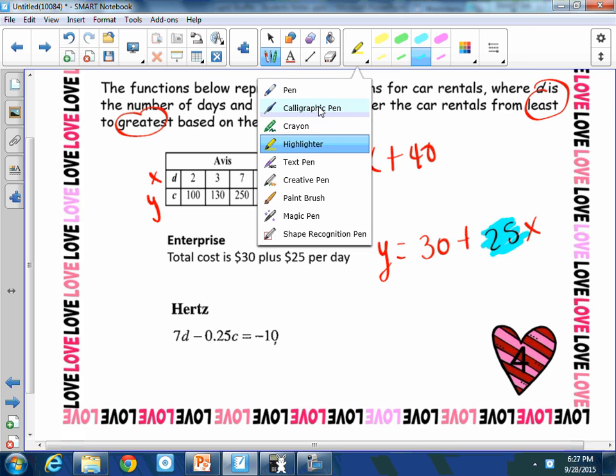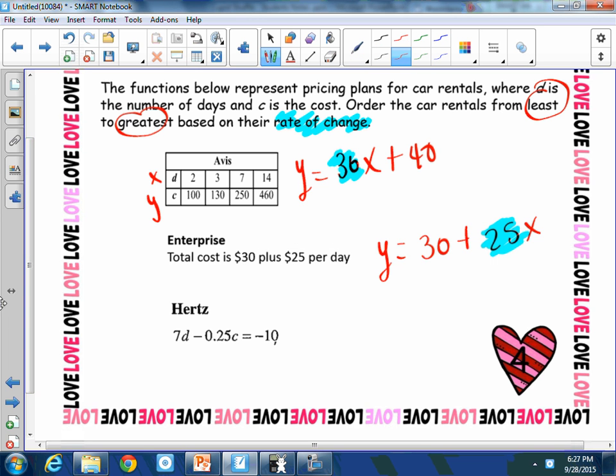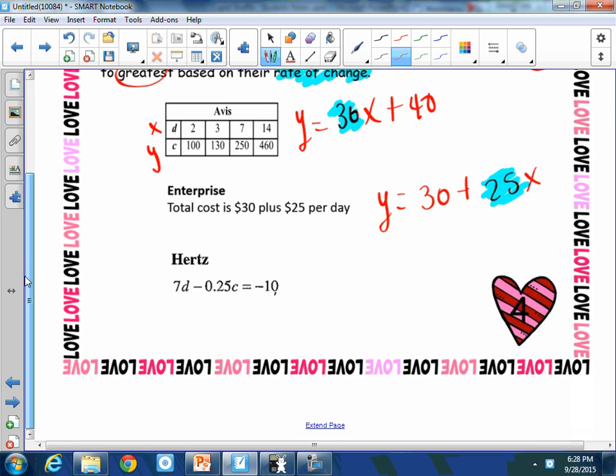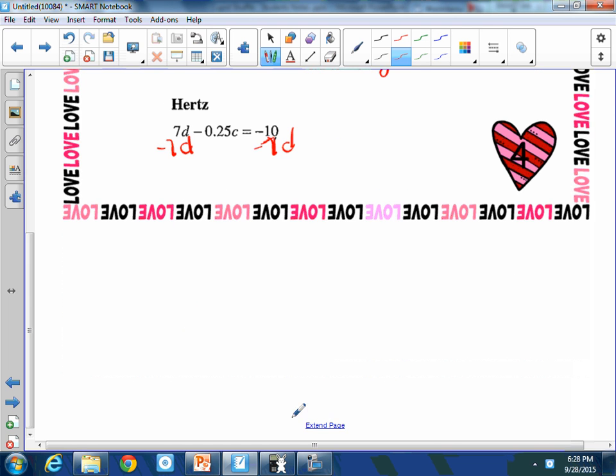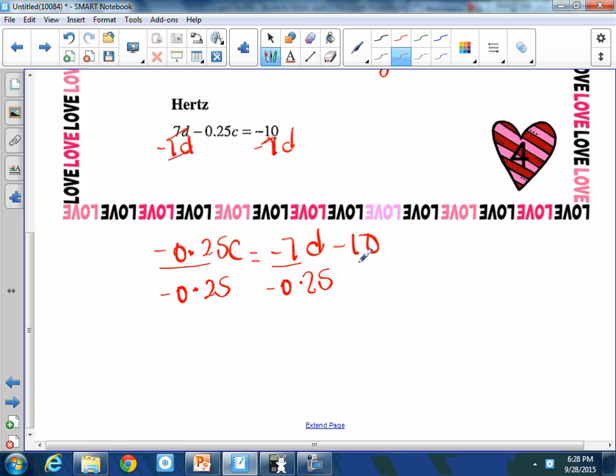All right. For the next one, I have to solve for C. So to solve for C, I'm going to say 7D minus 7D. That's a 7. So I get that negative 0.25C equals negative 7D minus 10, because that's 0. And now I'm going to divide by negative 0.25.